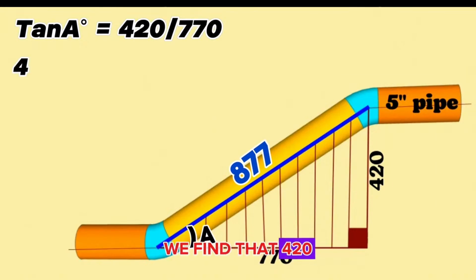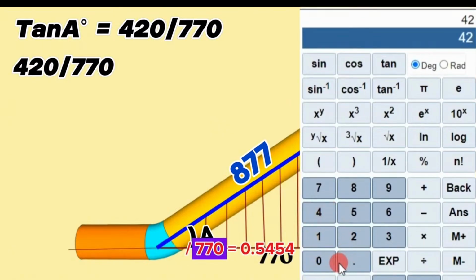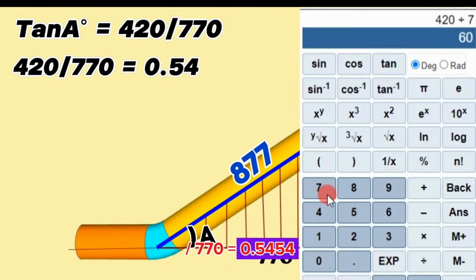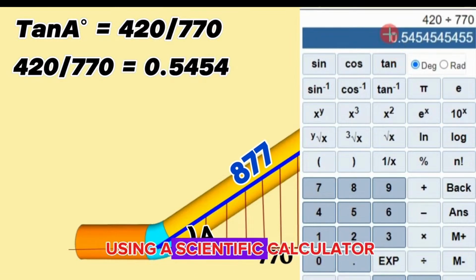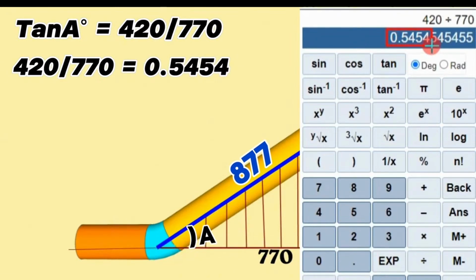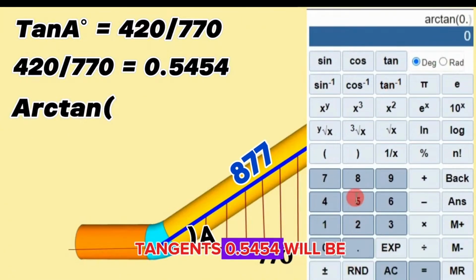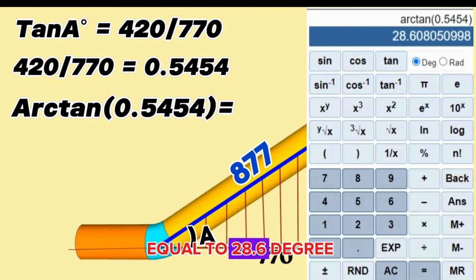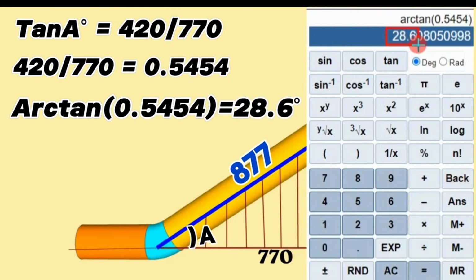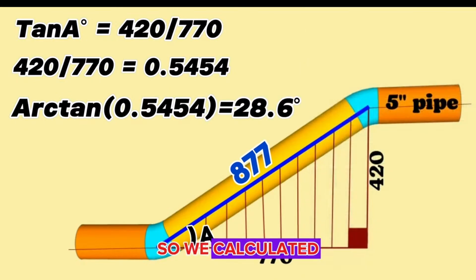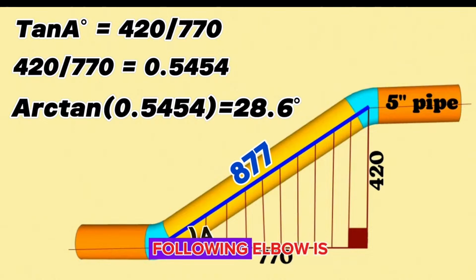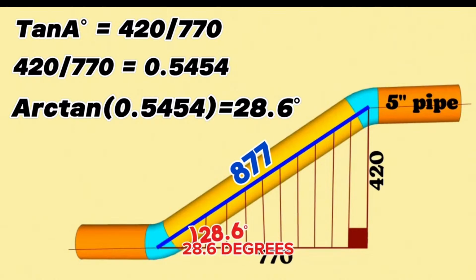We find that 420 divided by 770 equals 0.5454 using a scientific calculator. Using the calculator we find that arctangent 0.5454 will be equal to 28.6 degrees. So we calculated and found that the cutting angle of the following elbow is 28.6 degrees. 28.6 degrees is one of the acute angles of the right angle triangle.